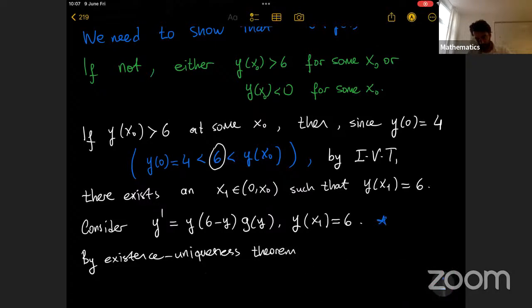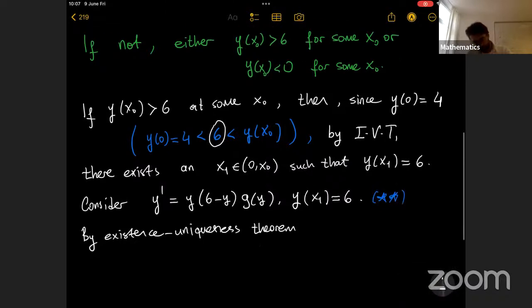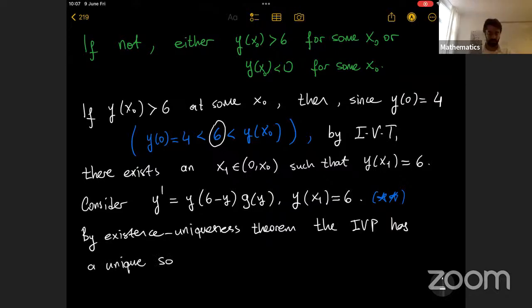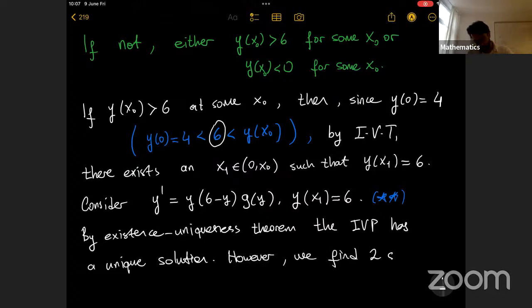By existence uniqueness theorem again, şu IVP, iki tane star koyalım buna, has a unique solution. Yine aynı hikaye: sol taraf, sağ taraf sürekli, türevi de sürekli. However, we find two solutions.